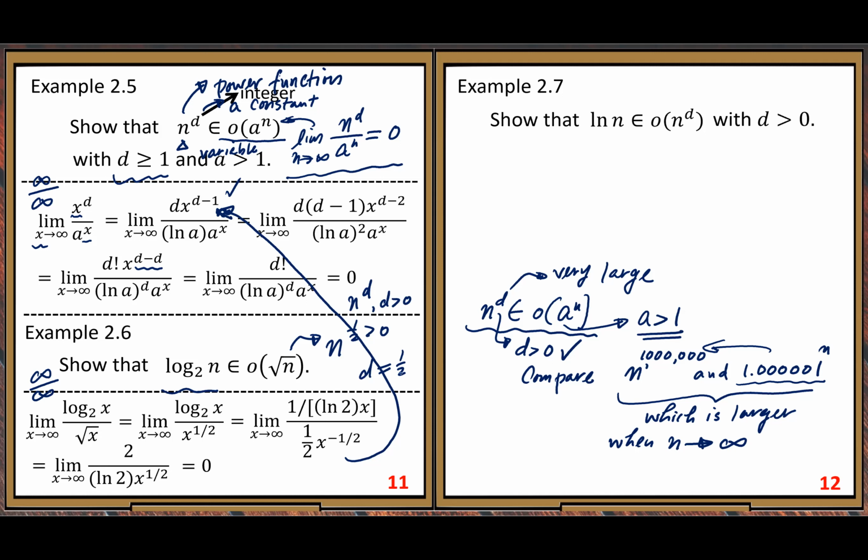So you can imagine d could be a very small positive number, not an integer here. Because when we compare with the log function, we do not need a large power function. We mainly consider small power functions.